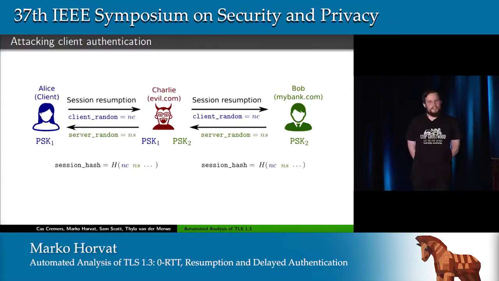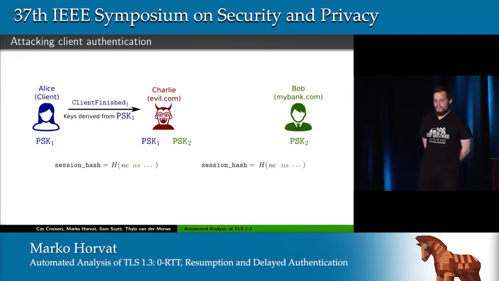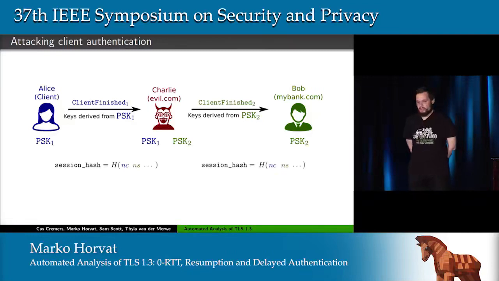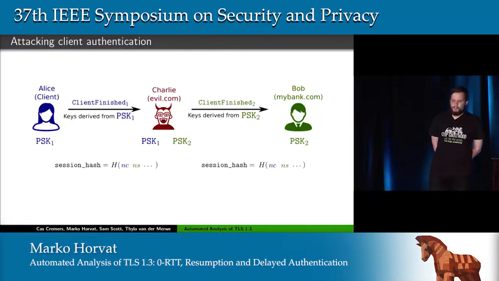And this is actually enough to make the session hashes in both sessions the same. This is a very unfortunate trait of revision 10. Oh, I forgot to say, the client finished messages also go through no problem, because Charlie knows PSK1 and PSK2, so he can build these confirmation messages.